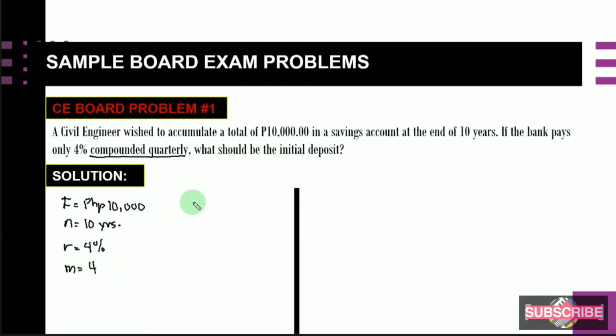So what should be the initial deposit? Meaning the initial deposit is at time 0, which refers to our principal amount, this P.